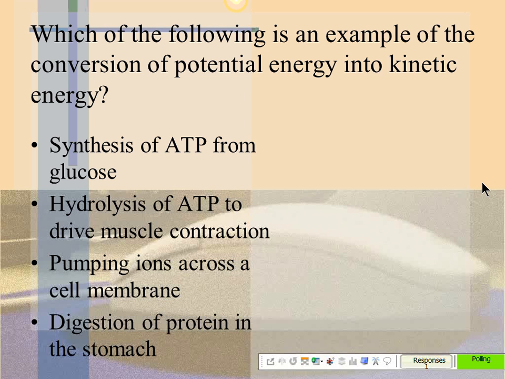ATP is a stored molecule. You break it down to drive muscle contraction, or pump ions across a cell membrane, or, for example, you've eaten some chicken and the protein is getting digested in your stomach. So choose which one of these you think is correct.